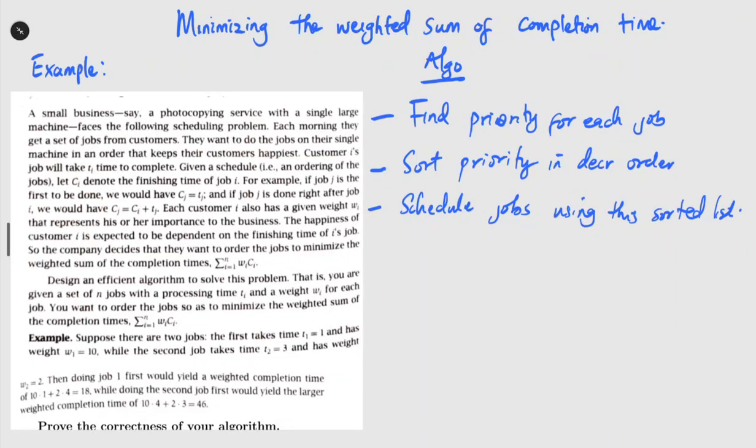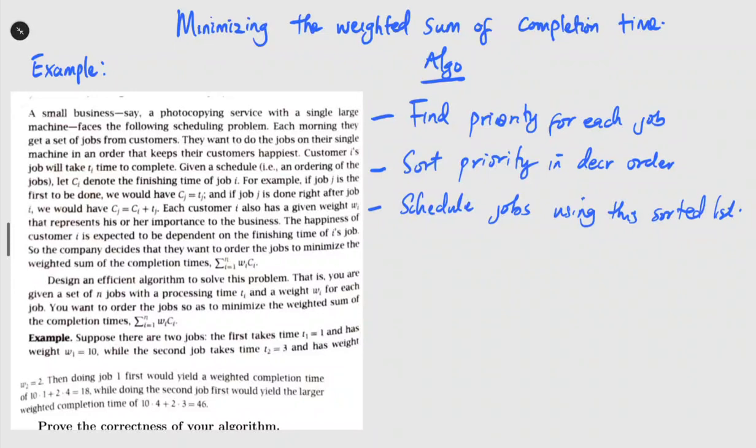Now we're going to go one step further by writing a proof for this problem. And we are going to be using the proof by exchange of property. So the greedy algorithm sorts the jobs in decreasing order of priority, and schedules the jobs in this order.